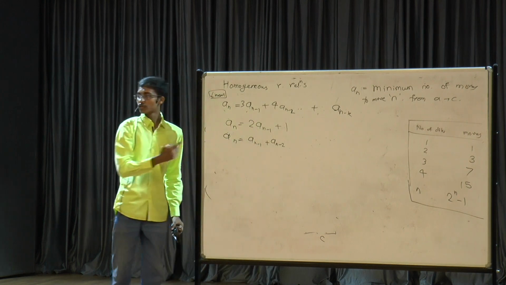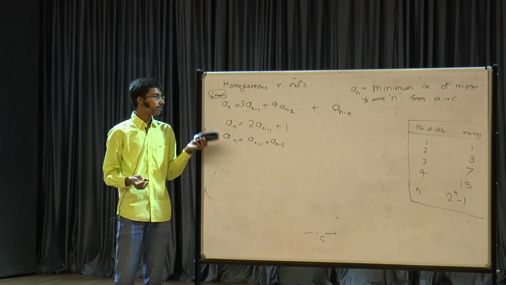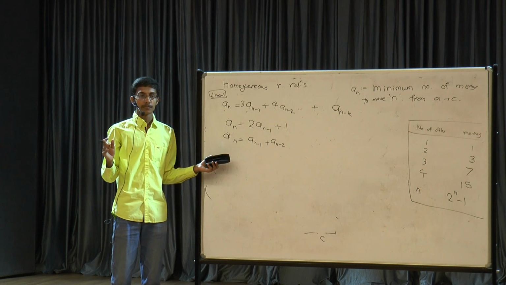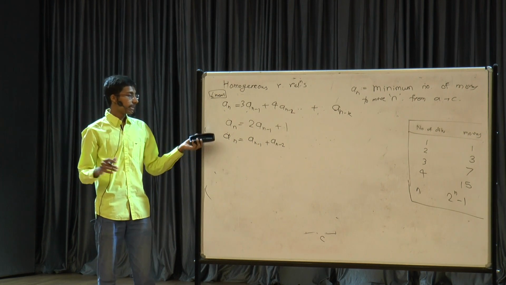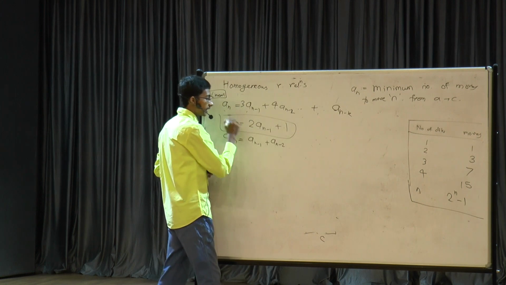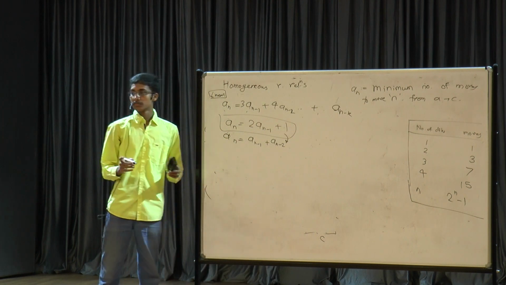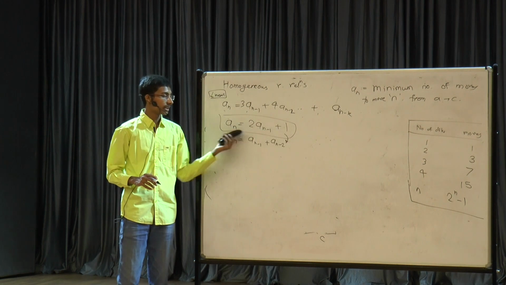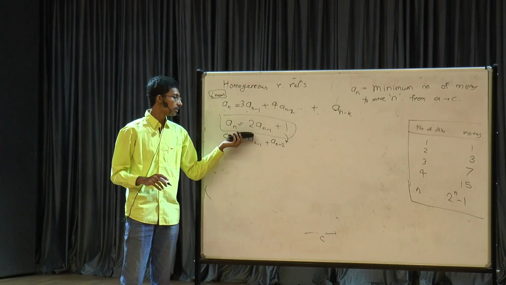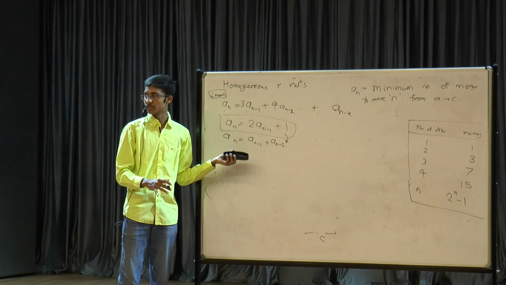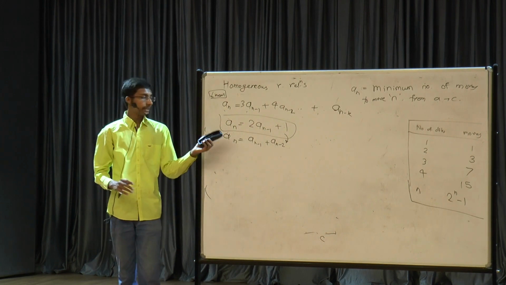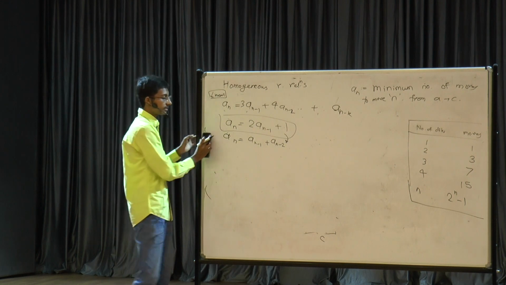And here everything is of the same form. So when you have a linear homogeneous recurrence relation, life gets easier. My claim is we can convert this into a form like this. So this linear relation is not a homogeneous recurrence relation because not all terms are of the same form. But we can convert it to that form. Let's see how to do that.